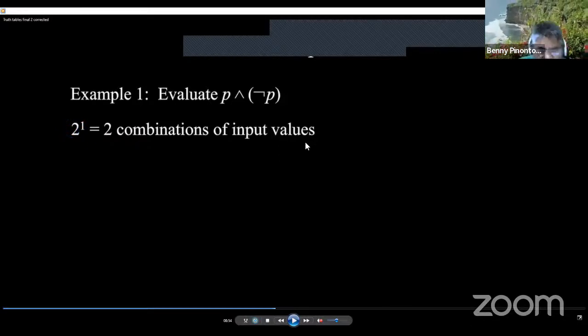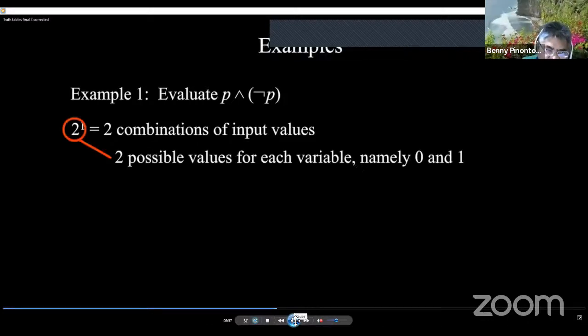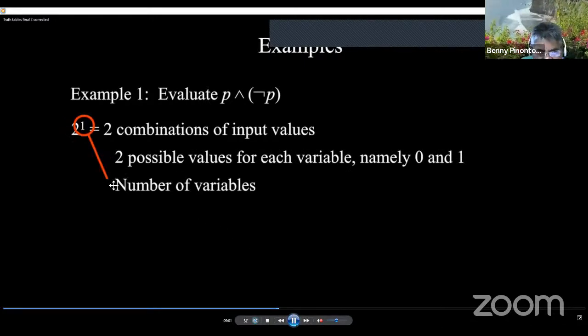So there are only two possible inputs. And the power is the number of variables, and here there is only one variable. So we have 2 to the power 1, so that is two combinations.